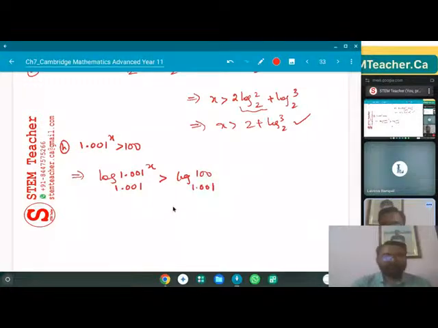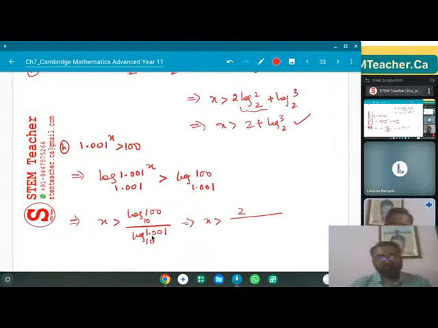If you simplify, x is greater than log 100 base 1.001, which we can write with base 10.